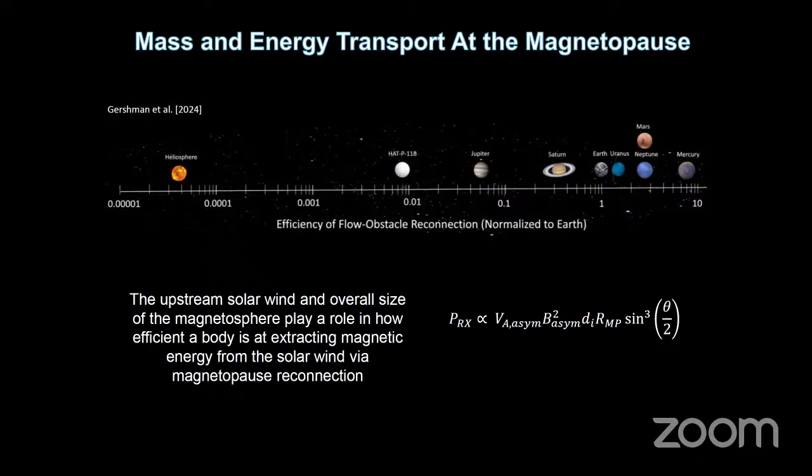And you can see something that confirms our expectations: Jupiter and Saturn are not particularly efficient at extracting energy from the solar wind. They have mostly internally driven dynamics. And Mercury in particular is really efficient at extracting energy from the solar wind. And curiously, Uranus and Neptune seem to be a little more efficient than Earth when you look at a scaling like this, which is really interesting.